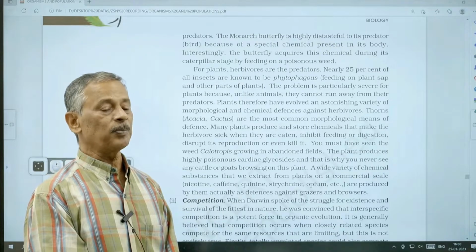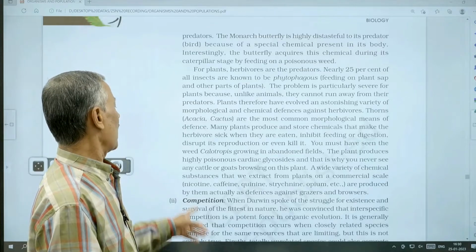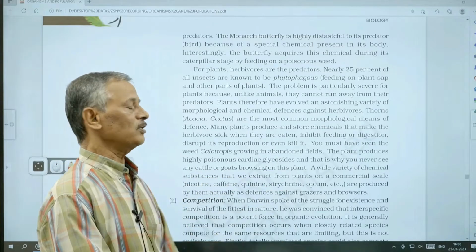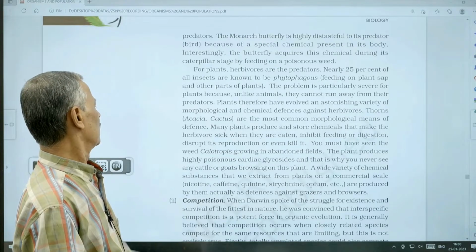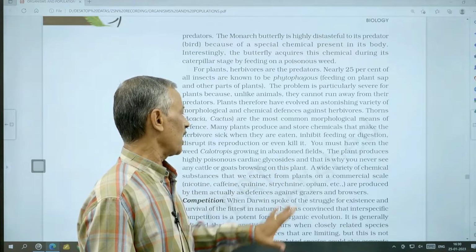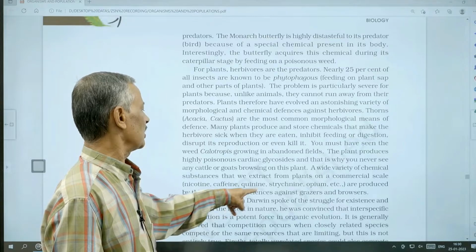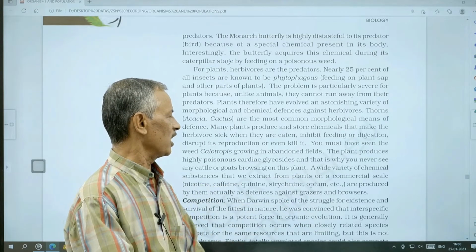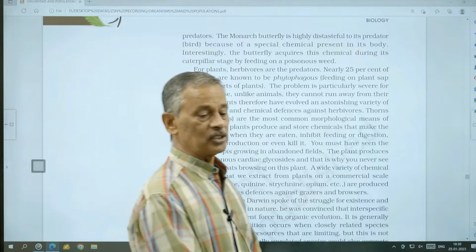Thus, many plants are producing and storing these chemicals as a metabolic product. They are not producing them as a waste. They are produced on purpose. Many substances that we extract from plants on a commercial scale are actually produced by them as a defense mechanism against grazers and browsers.